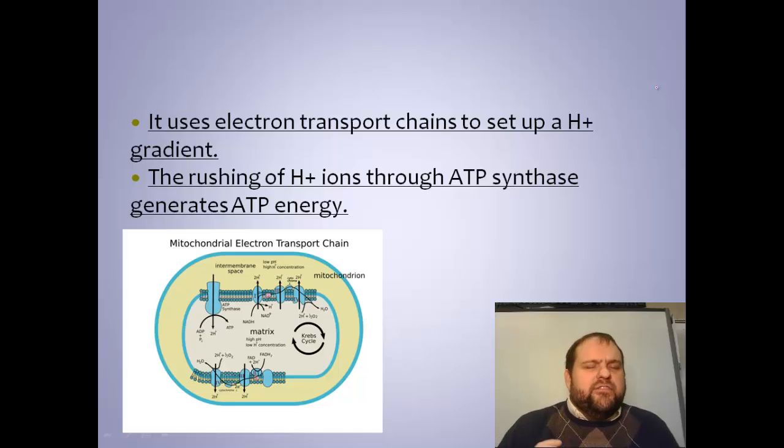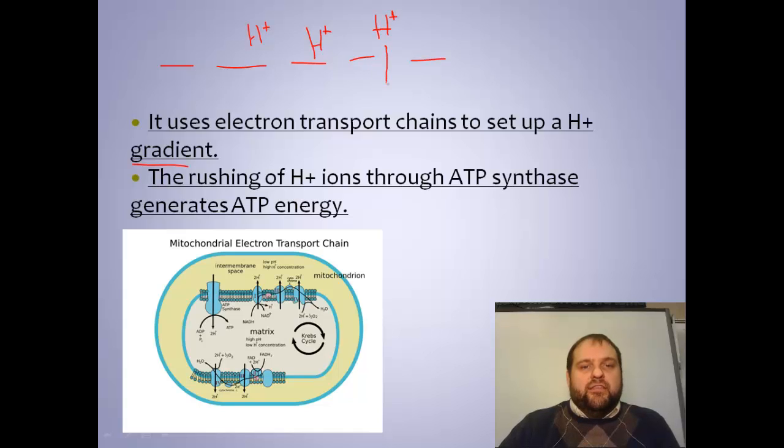So it uses the electron transport chain to set up a hydrogen gradient. Okay? So think back to cellular transport. That hydrogen gradient is the idea that if I have a membrane here, and I have a whole bunch of little hydrogen ions over here, those hydrogen ions are going to want to rush through to this side because there's more on the top than there is on the bottom, through diffusion.